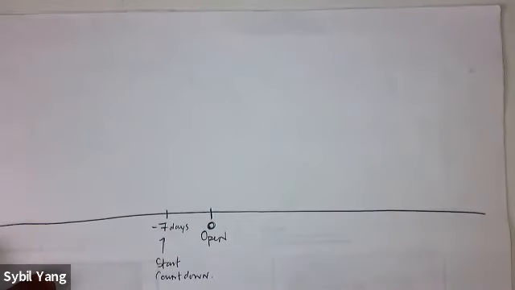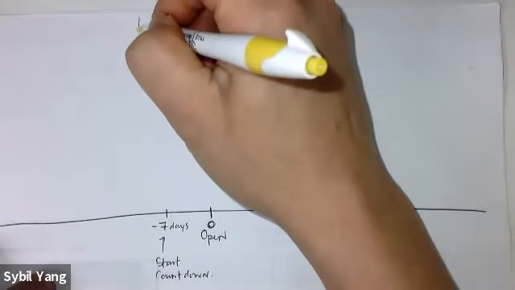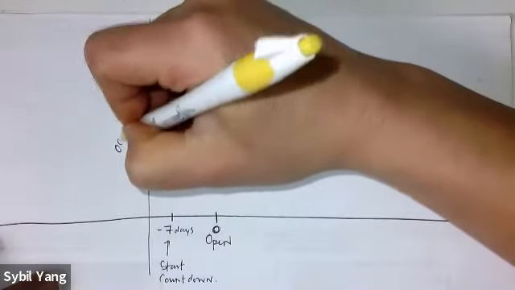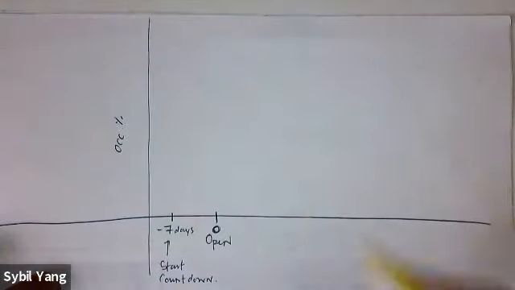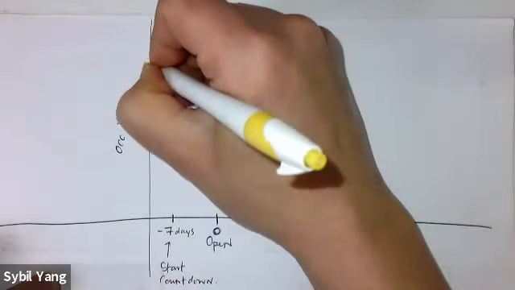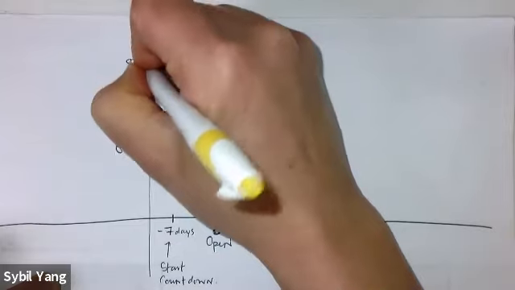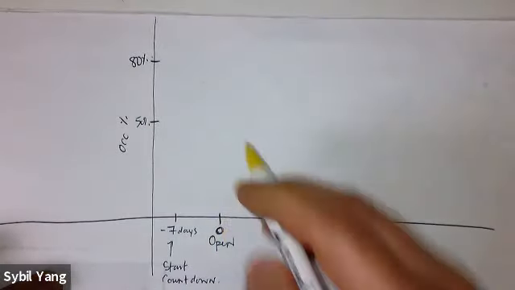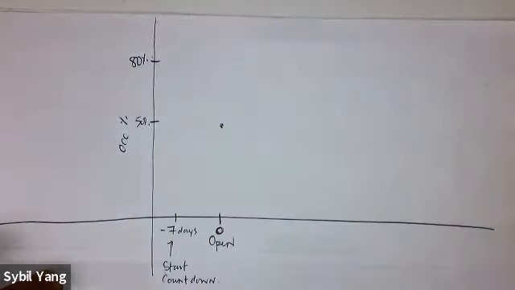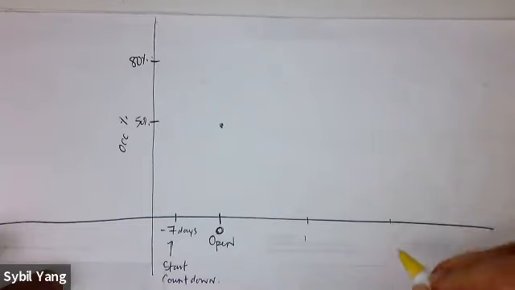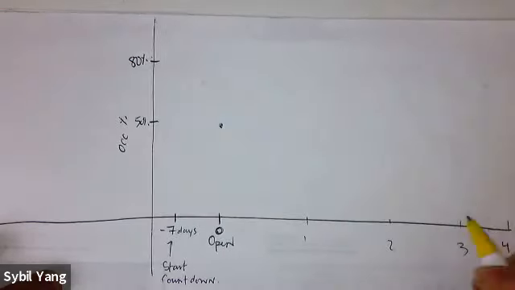And here we have occupancy percentage. I'm going to do 50%, and 80% here. So originally we would open at 50%, and then we'd give ourselves 1, 2, 3, and maybe 4 months.